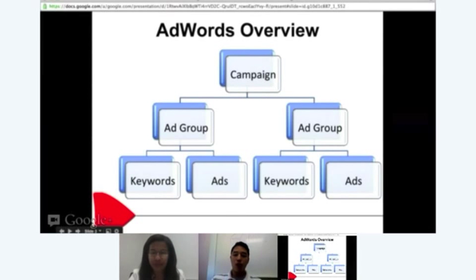So we're looking here at the top level of what makes an AdWords campaign successful, or how we set ourselves up for success. As you can see in the slide, you have your campaign, which is the top level. At the campaign level, there are certain settings and certain bidding features, and that's where the budget is set.